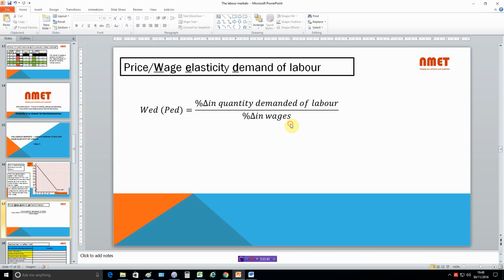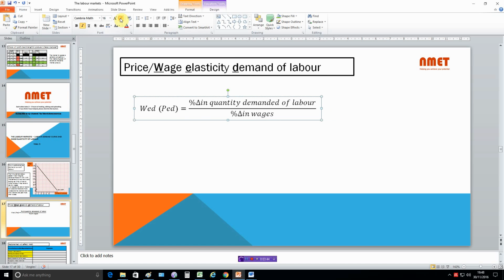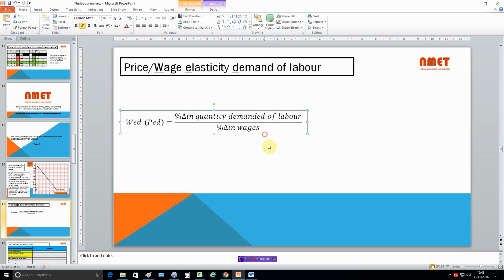One thing we've got to understand is the movements and the shifts in the labor demand curve.